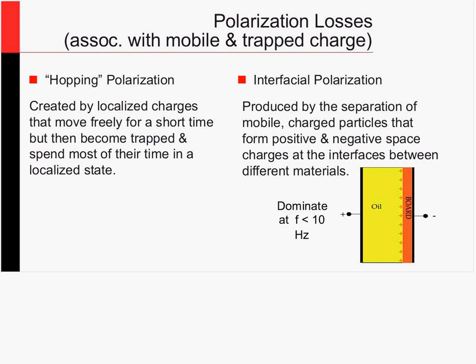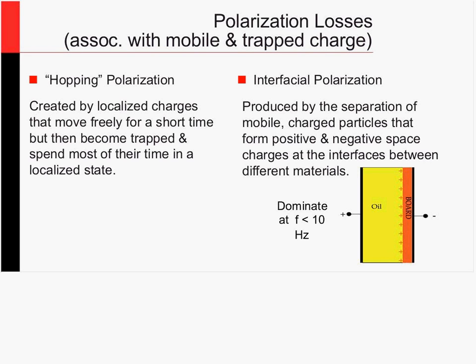And if I'm still applying that same field and I haven't reversed its polarity yet, then this next family of polarization processes will have time to occur as well. So the next one on the list is this so-called hopping polarization. Essentially, this would be created by localized charges. So if you can imagine a homogeneous material now and charge that can move just within the material but not from end to end of the material, so not across the entire material but just within it.